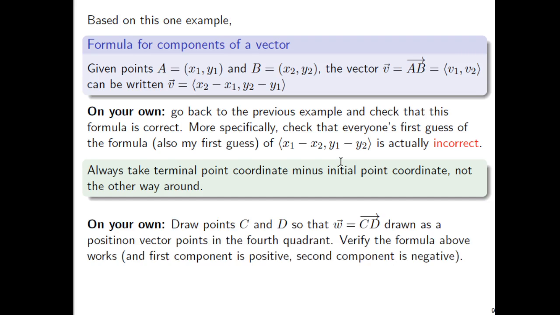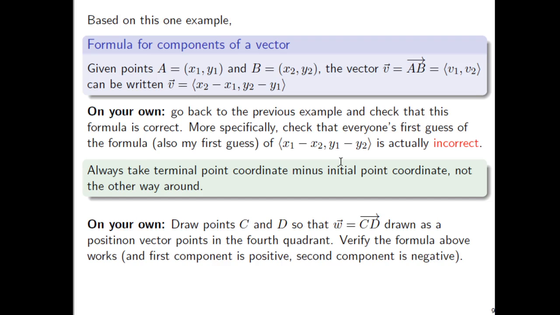So on your own, I would suggest drawing 2 points, C and D, so that the vector W, defined as starting at C and ending at D, drawn as a position vector, points in the fourth quadrant. Think of how you would have to organize your 2 points C and D. Where do they need to be located relative to each other so that the vector starting at C, ending at D would point towards the fourth quadrant?